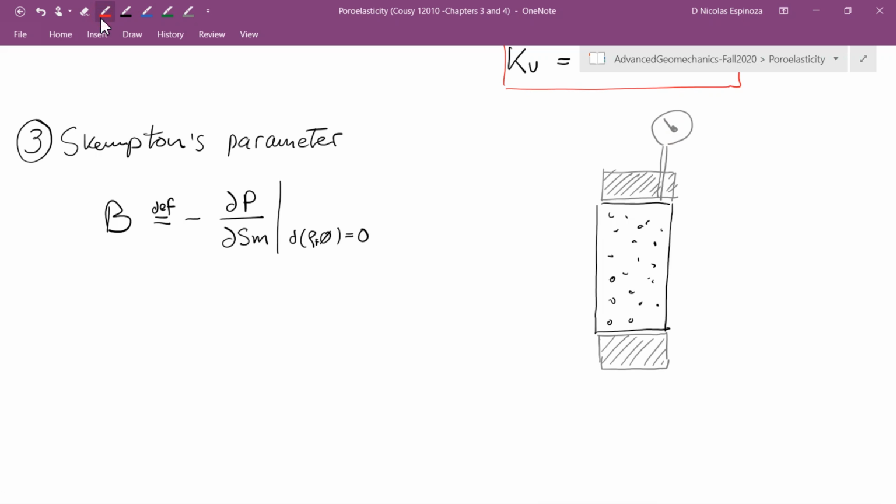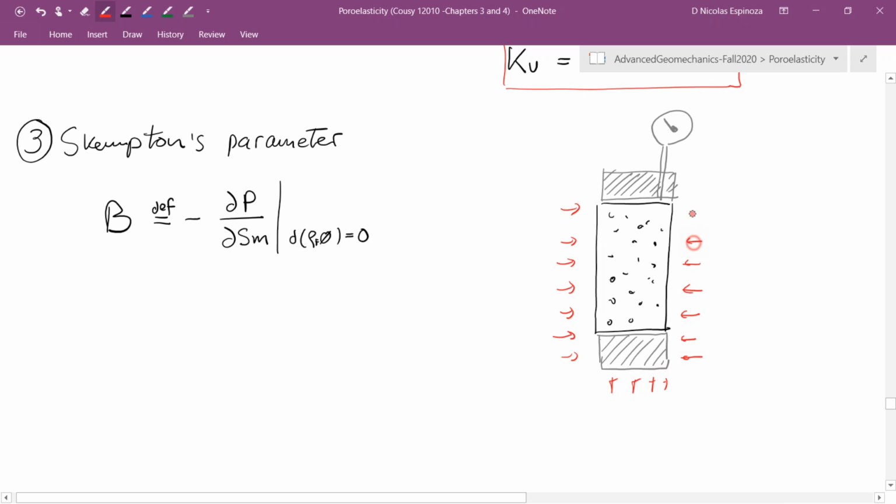So what we're going to do in this kind of test is to apply a stress, and specifically change of stress, through a membrane.